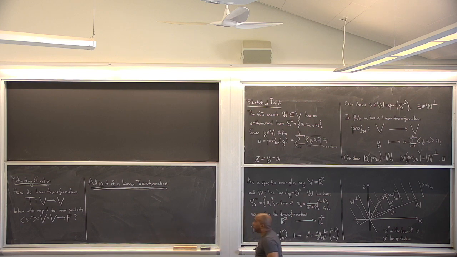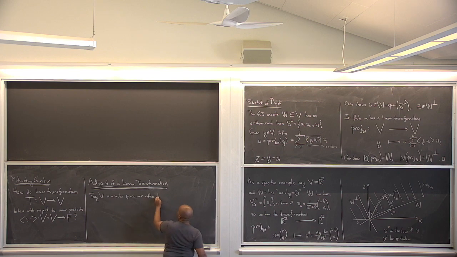So to this effect, just like always, we're going to say that V is a vector space over either the real numbers or the complex numbers. And just like before, we'll fix an inner product.